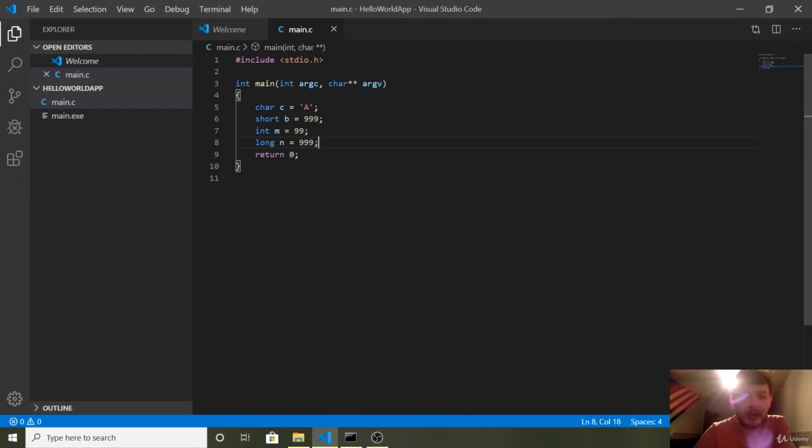So quick overview then, chars are 1 byte in length, shorts are 2 bytes in length, integers are 4 bytes in length, and longs are 8 bytes in length. But that assumes you're using a modern processor. If you compile C on embedded or on older systems, then these data type sizes will be different lengths.